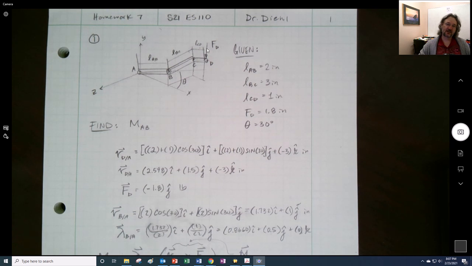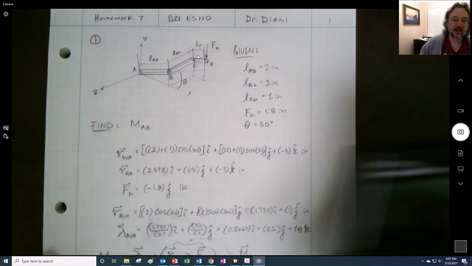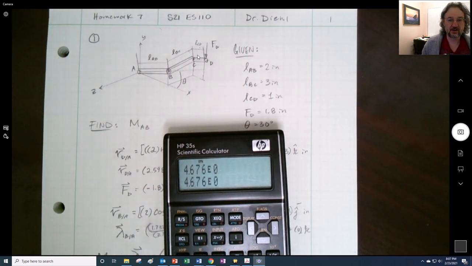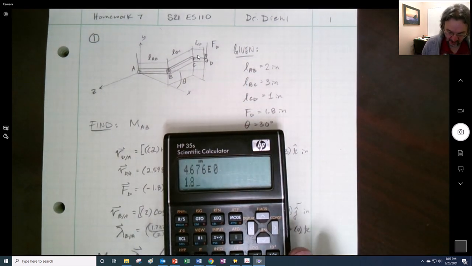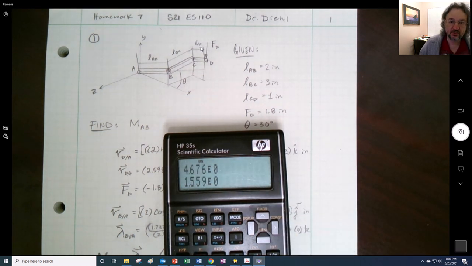So what I would have done is I'd taken the cosine of that force and multiplied it by this distance. And I think maybe I would have gotten the right thing right there, right? So if that force is 1.8, and by the way, I think this angle right there was 30, the 1.8, and I take 30 and the cosine of that times there, and I just multiply it by my 3. Yeah, I'd get the same thing, right?